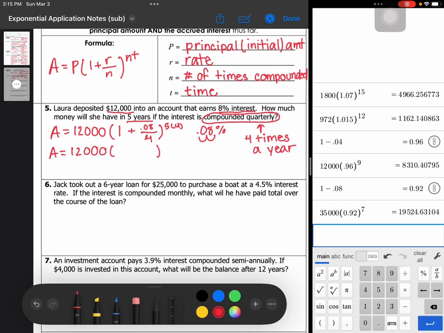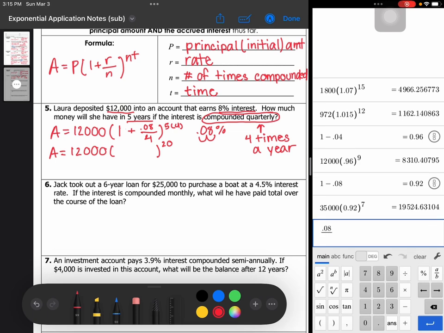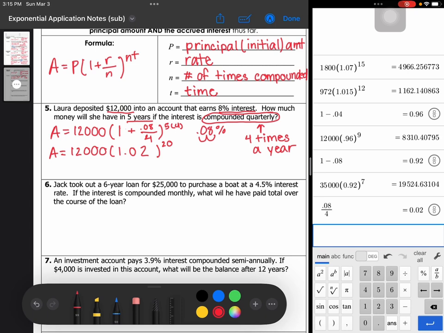So I know 5 times 4 is 20, so I'm going to have an exponent of 20. And then I can simplify the n side. So if I do 0.08 divided by 4, that's going to be 0.02. And 0.02 and 1 is just 1.02. So now I have something a little bit simpler to type into Desmos.